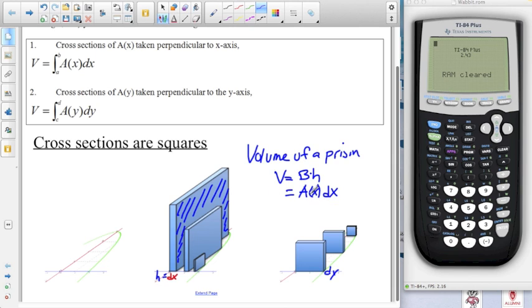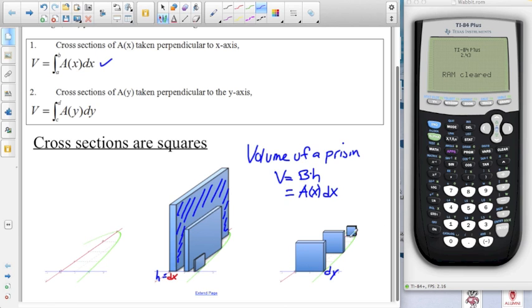If this is the volume of one of these prisms, then if we stack all the prisms up from left to right, that's an accumulation process, which is where we get the integral sign from, and we can get a calculus expression to find the exact volume of that solid.